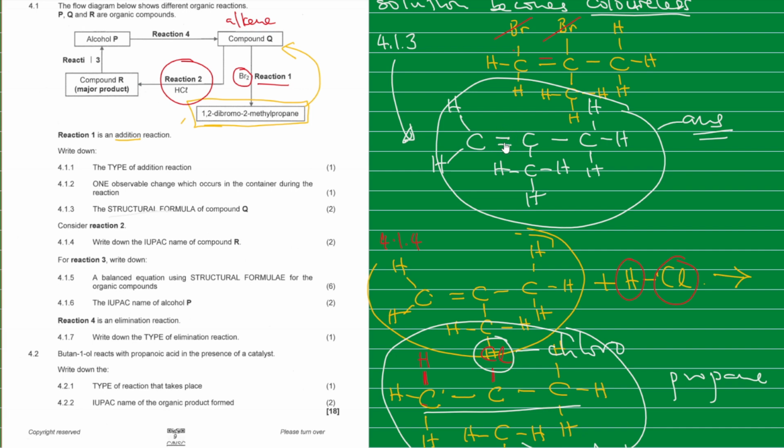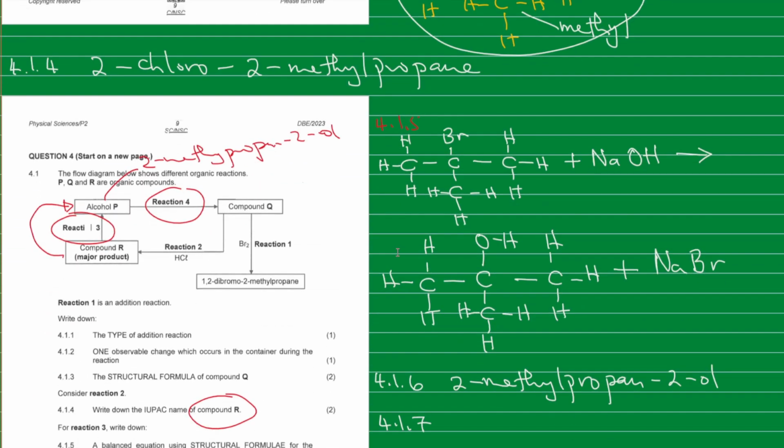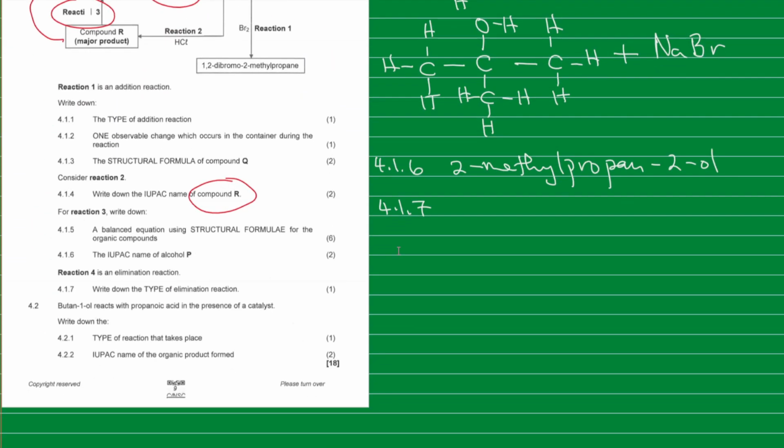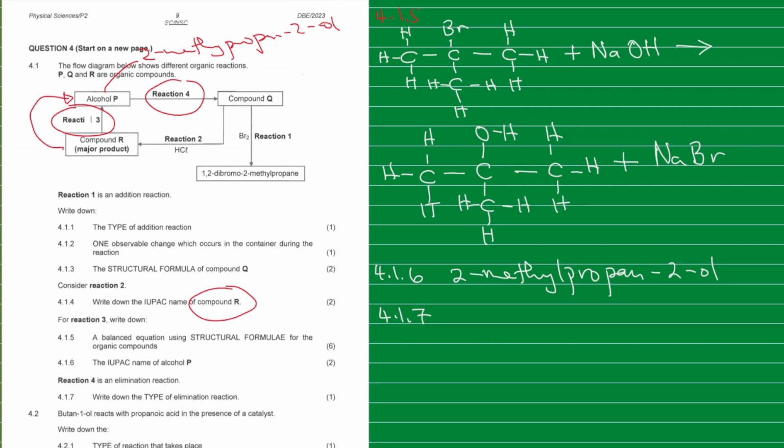So if we were to write down the elimination, what are we going to eliminate? Basically, you will see that we have got an alcohol, and we have this H here, which means literally we have removed the alcohol and the H so that we could have a double bond there.